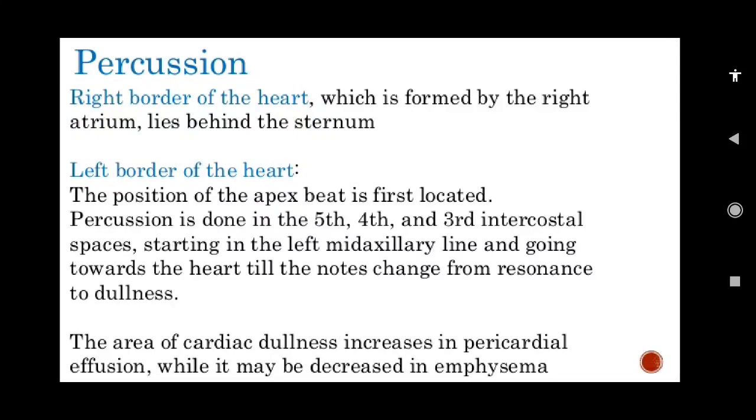So first locate the apex beat and then start the percussion in the fifth, then fourth and then third spaces, starting from the left mid-axillary line towards the heart. You can hear the note changing from resonant to dullness. The area of cardiac dullness increases in pericardial effusion while it may be decreased in emphysema.